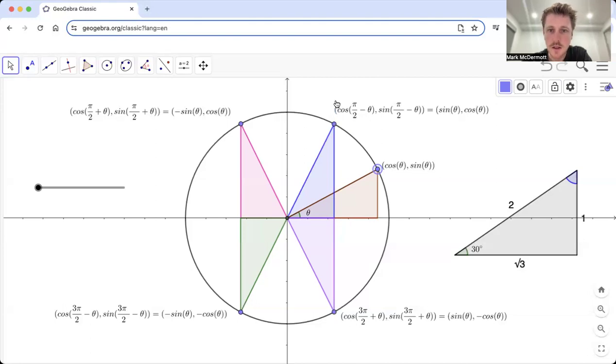So we can see that the cosine of our complementary angle, pi on 2 minus theta, is equal to sine of our original angle. And similarly, sine of pi on 2 minus theta is equal to cosine of theta, again just by looking at the side lengths and how they move as you go around the circle.